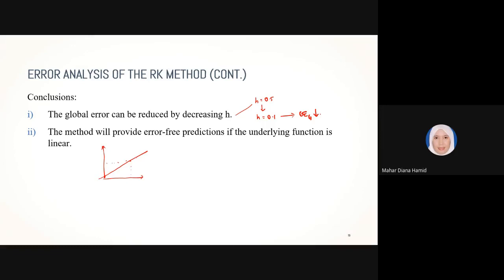But that's very rare in our engineering field.